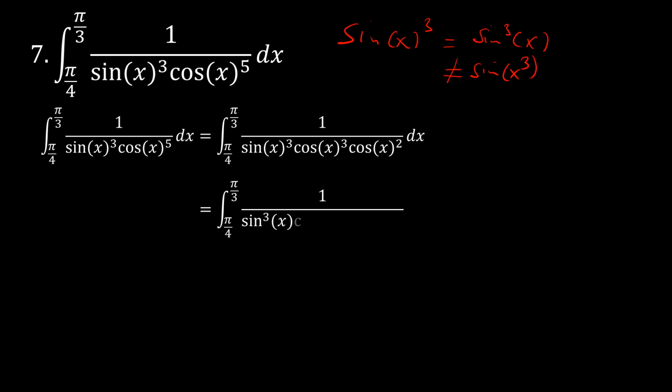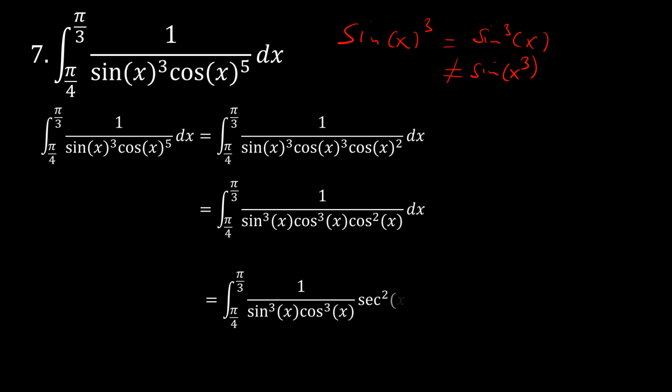And so at this point it's very easy to see that sec squared x dx can be substituted away with dt.